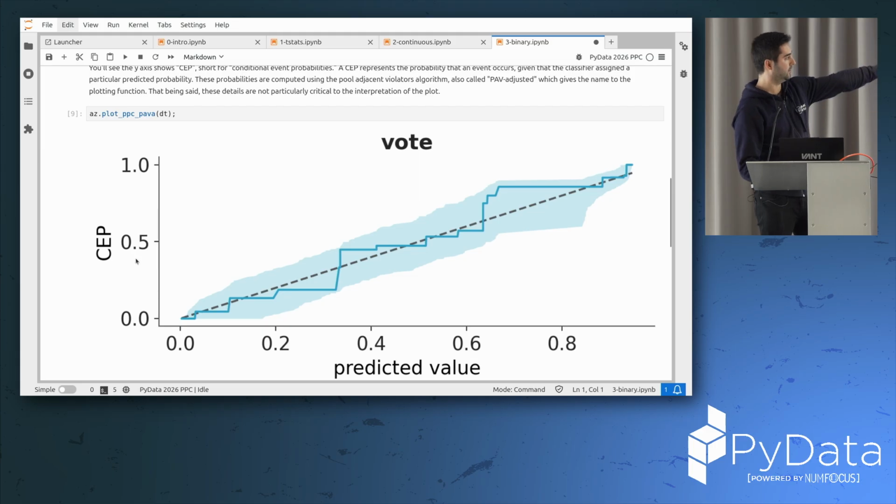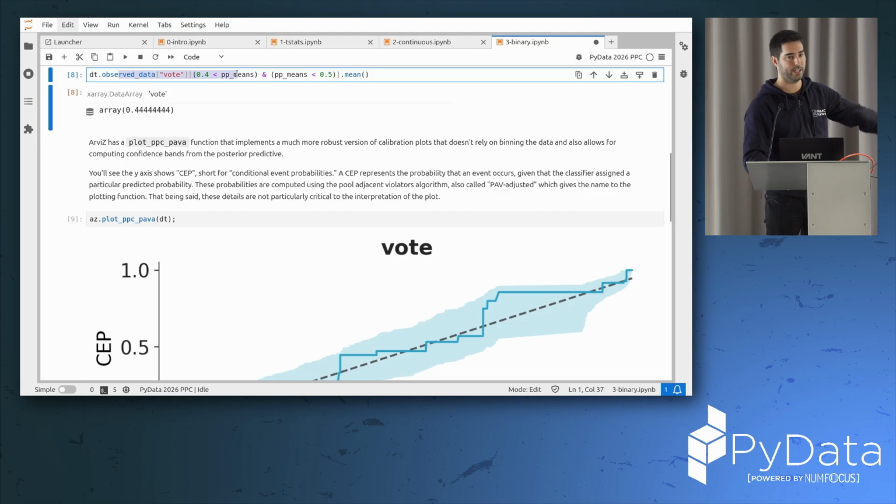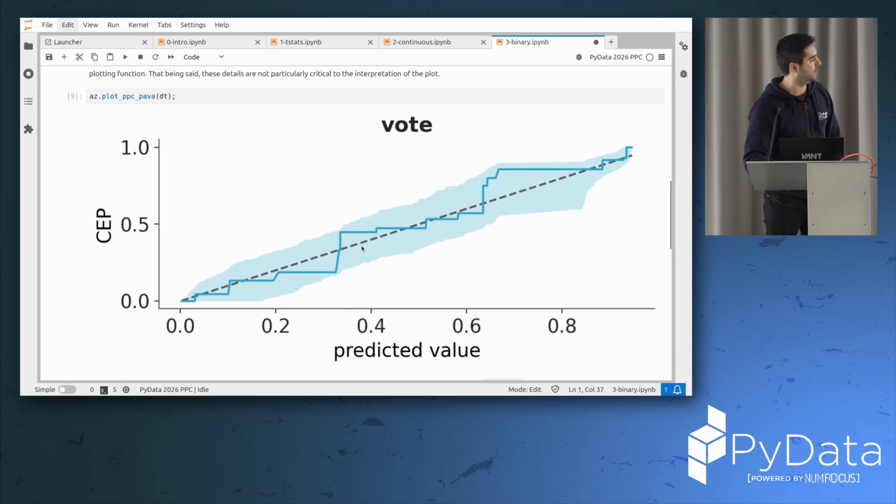The left side are these conditional event probabilities, which is kind of like the equivalent of doing this kind of thing, but there is no binning involved, so it's more robust. And we are also able to generate this band of confidence. So the fact that the blue line is always inside the shaded area means that our model is properly calibrated within the accuracy that we have.